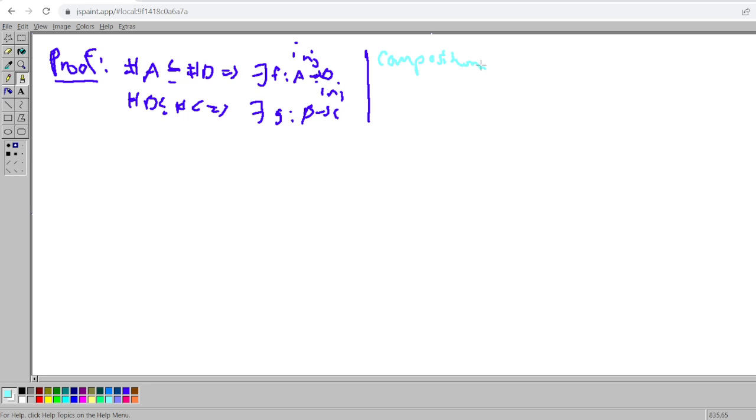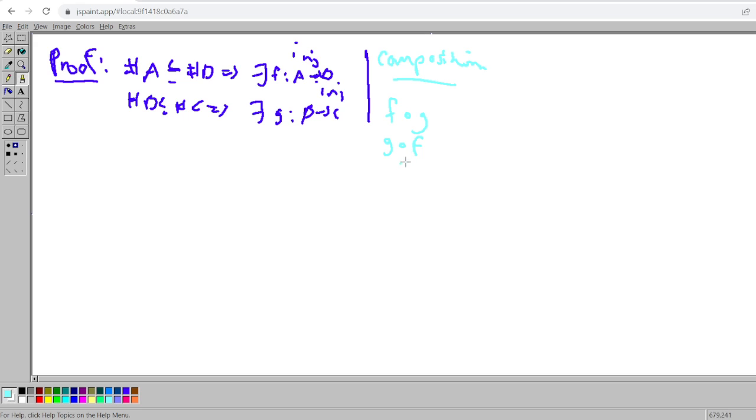Compositions. Basically, you have two functions and you can form a composition. There are two compositions: if F and G are both functions, F of G and then G of F. And there are certain traits that if both functions exhibit, their composition will also exhibit.